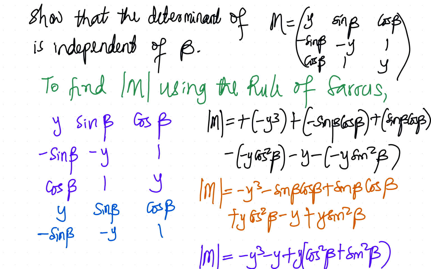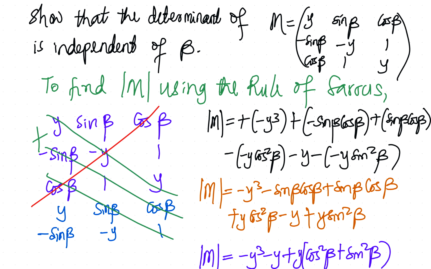So for the positives, we have 1, 2, and 3. For the negatives, let's use red. So for the negatives, you have this, and this. And according to Sarrus, these are the negatives now.